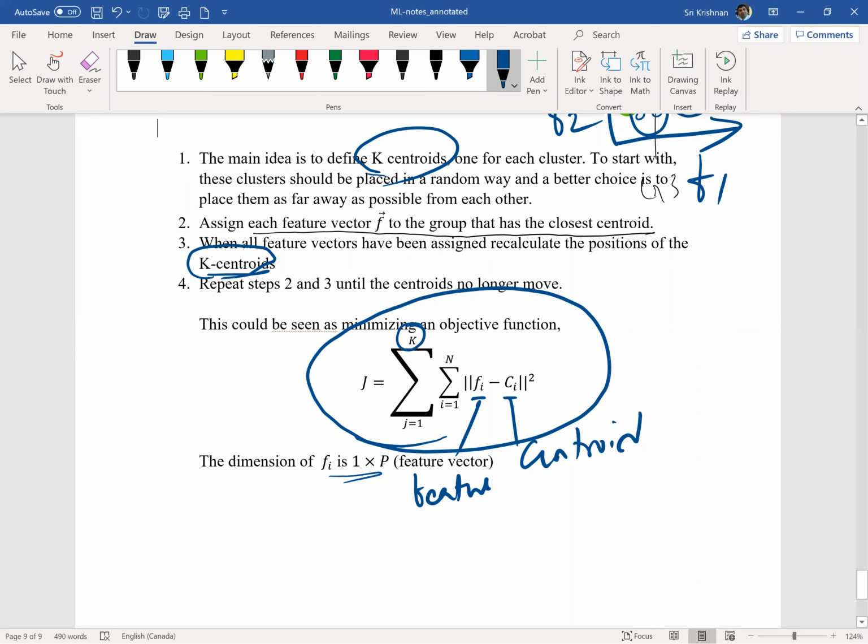It might be quite time consuming if you have a lot of features and a lot of clusters, because we have to keep computing this distance metric for each of those feature vectors.